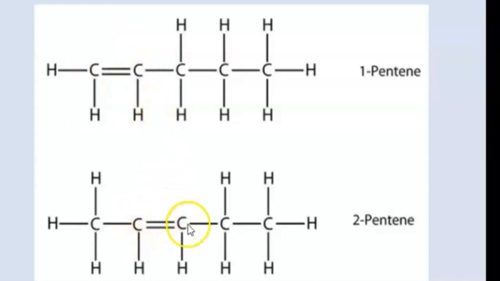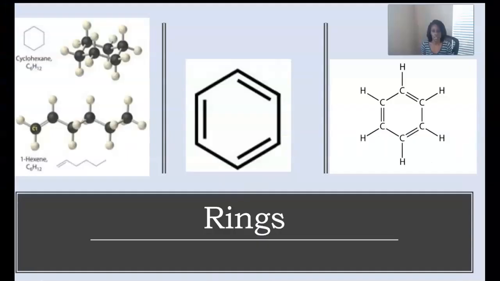And here we see the double bond going between the second and third carbons going from left to right. So it shifted places. And because that double bond is in 2 different places, these are not going to be the same compound. This is 1 pentene because the bond starts after the first carbon. So that's where the 1 comes from. And here the 2 is because the bond starts after the second carbon.